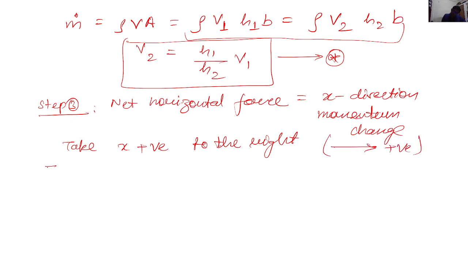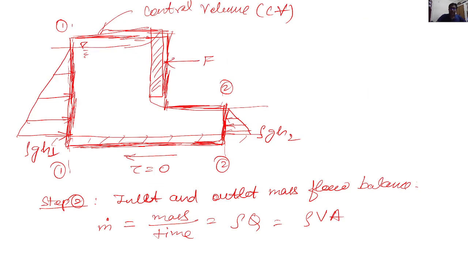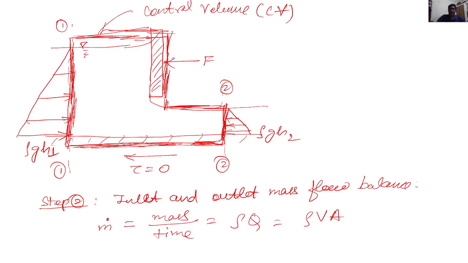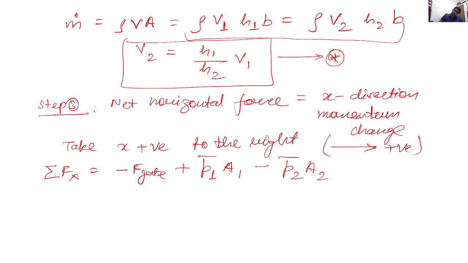So the net force in the x direction is minus F gate, the force required to hold the gate at its position, minus because it acts from right to left, plus the pressure times the area at the upstream, 1, minus the pressure times the area at 2, minus because it again acts from right to left, which is equal to the rate of change in momentum, so that is m dot times (V2 minus V1).